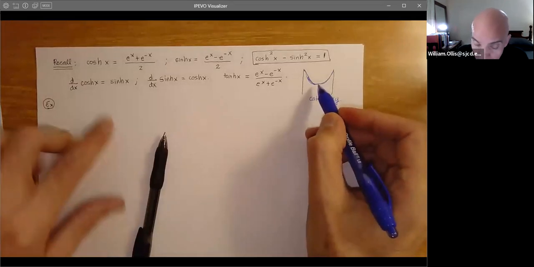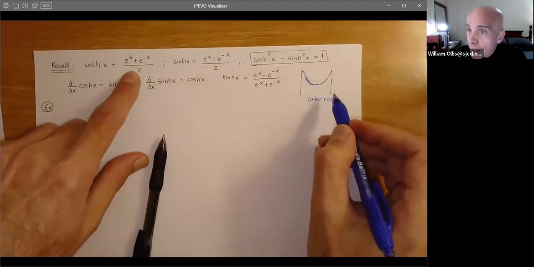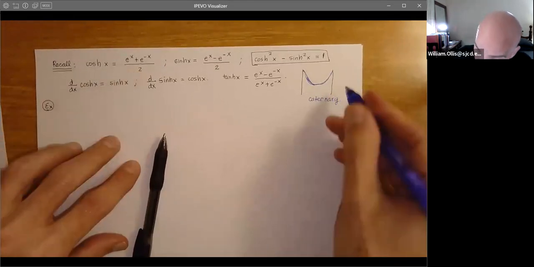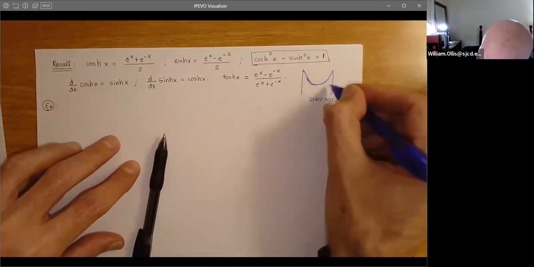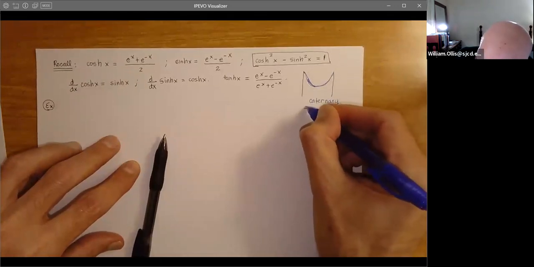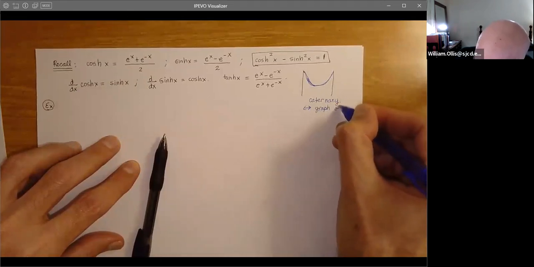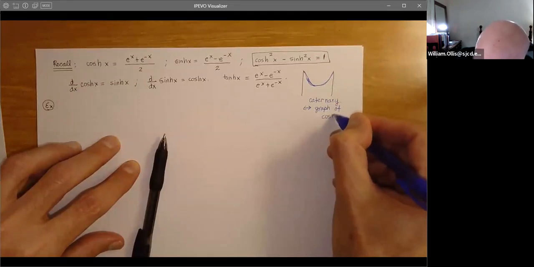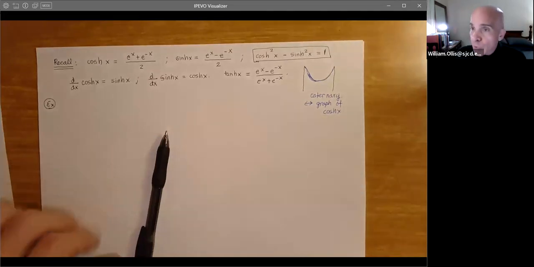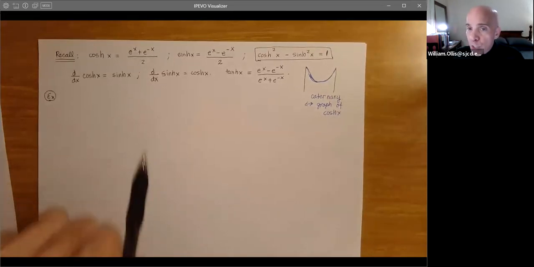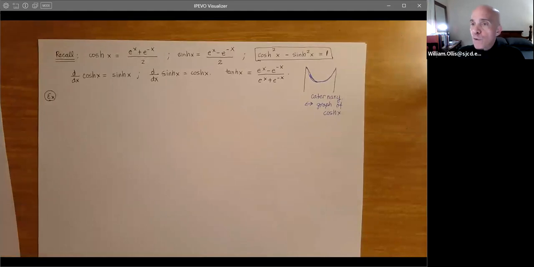And the shape of this is the graph of the hyperbolic cosine. So this corresponds to the graph of hyperbolic cosine. That's called the catenary. And in this particular problem, they say that the roof of the barn is an inverted catenary, so it slopes this way.